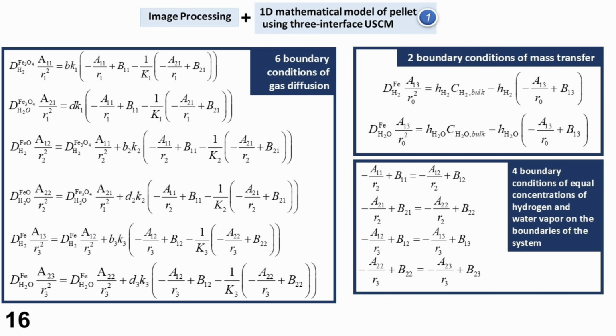To obtain these 12 constants, we need 12 boundary conditions. This includes 6 conditions for equality of reaction and diffusion, 4 conditions for equal concentrations at different interfaces, and 2 conditions for mass transfer.